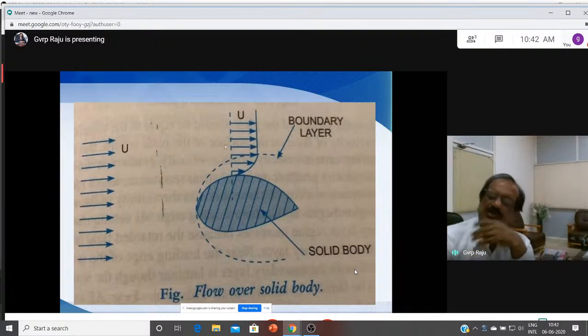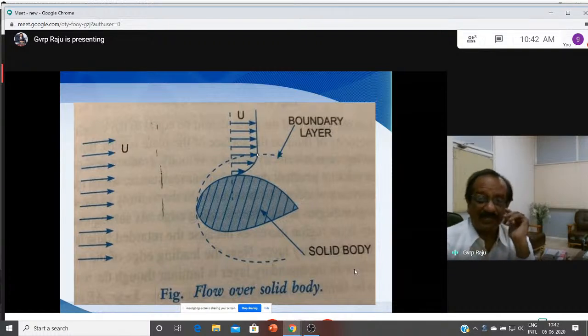Then go to the fluid outside the boundary layer. If you see the velocity distribution here, the fluid at the boundary layer edge has velocity capital U, and as you go away there is no influence of the solid body.